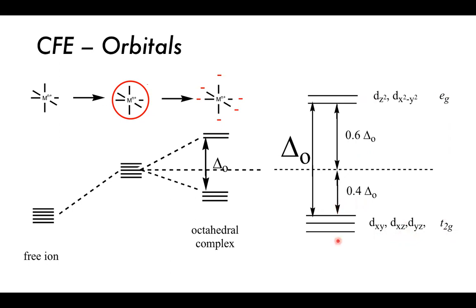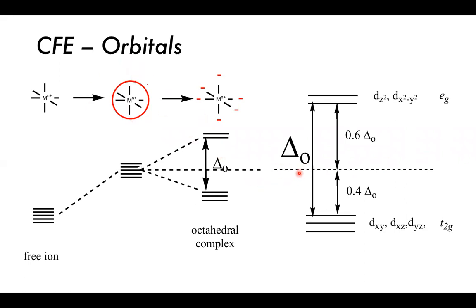So always, whenever you're drawing these out, you need to label these three orbitals as the T2G set, and these two as the EG set. You don't necessarily need to indicate which d orbitals they are. You must always indicate the symmetry. And then you must also realize that this dashed line represents the spherical case.